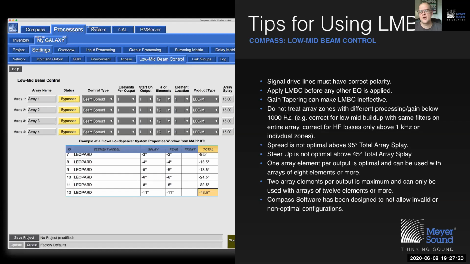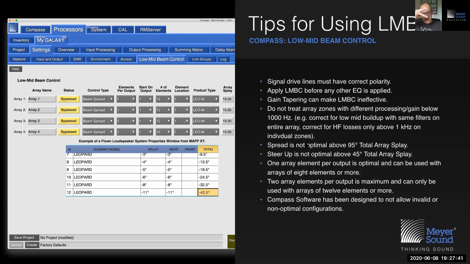Any EQ applied below 1 kilohertz should be applied to the array as a whole. Whereas above 1 kilohertz, when you divide your array in zones, sure, you can use shelving or U-shaping, in our case, U-shaping or parametric EQ to correct your high frequency losses within reason.